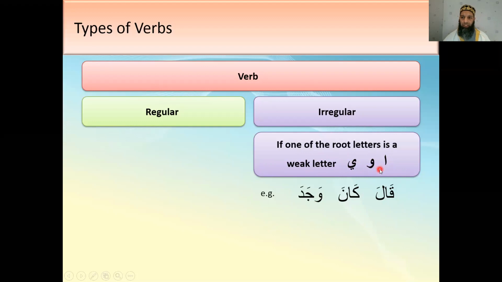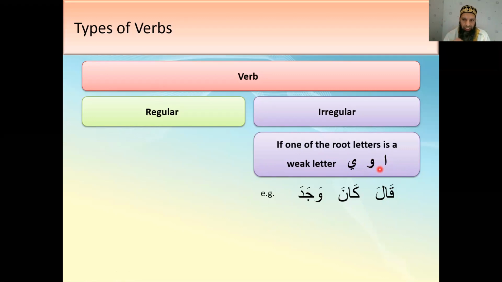What do I mean by weak? I'll tell you inshallah, but just for now, they're weak. There's some issue, some problem in the Arabic language when these letters appear. And we'll learn what problem we have, right?